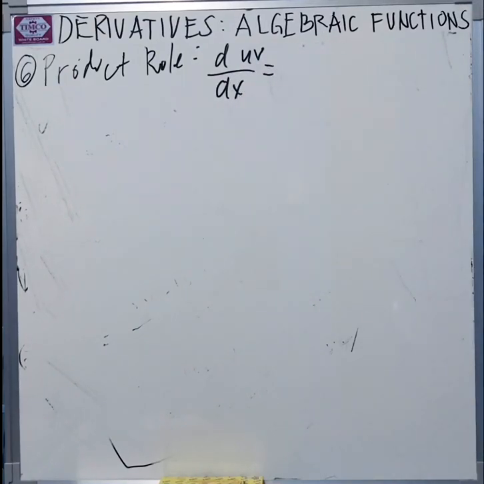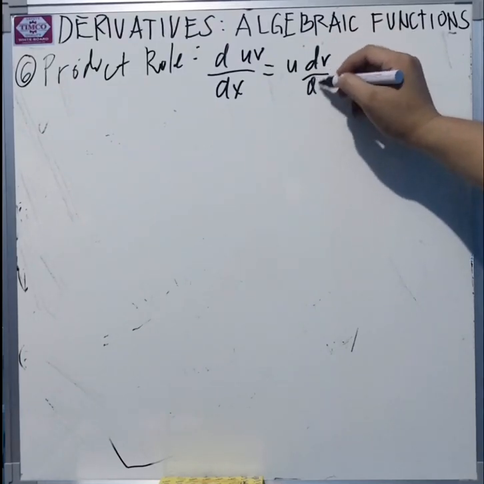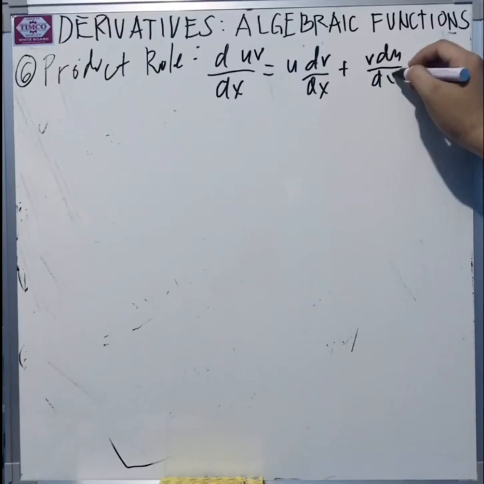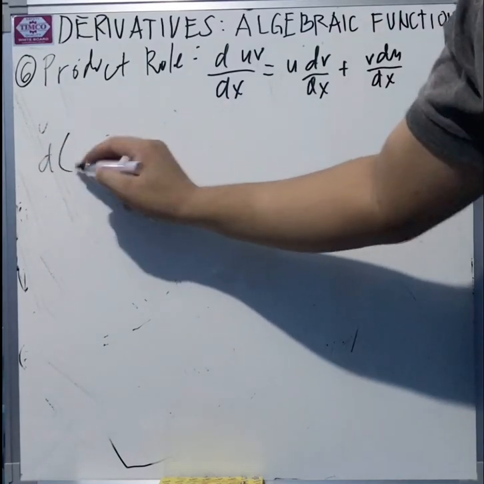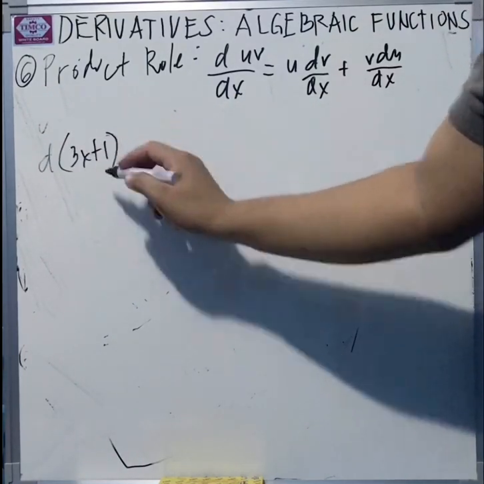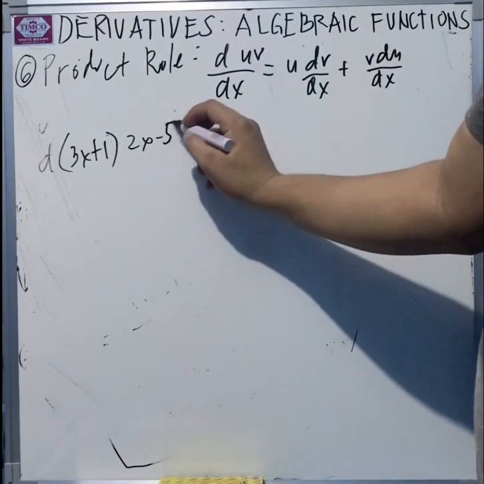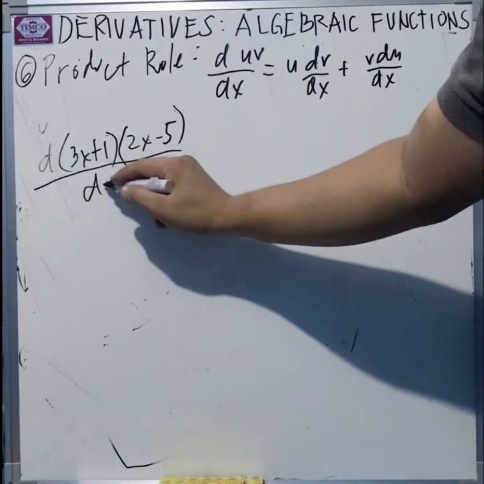Is equal yan sa u dv dx plus v du dx. So, for example, we have to find the derivative of 3x plus 1 times 2x minus 5 with respect to dx, okay.